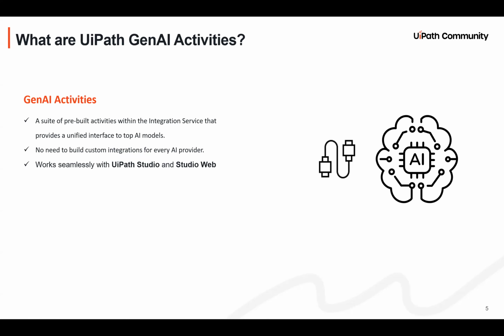Integration services is a feature for integrating third party applications directly into our UiPath ecosystem using APIs. Whatever application exposes APIs can be directly integrated into UiPath using the integration services feature.